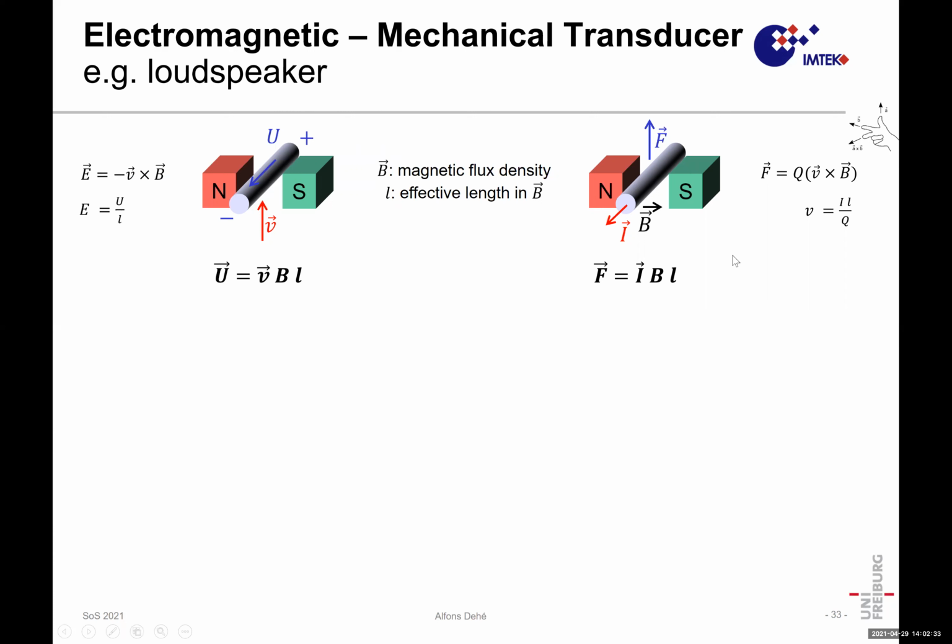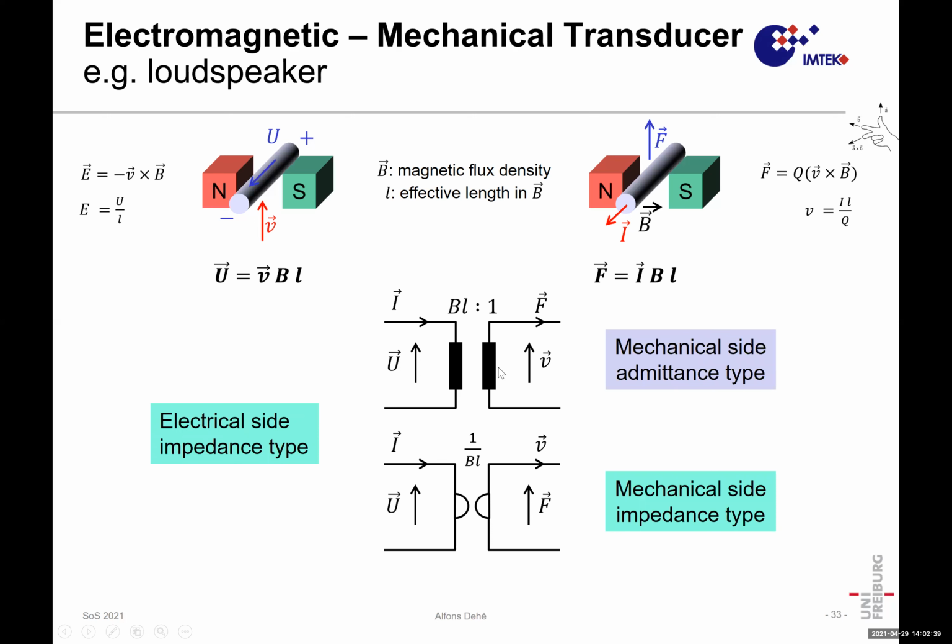And we can transform from the electrical into the mechanical side simply by the winding situation, B field times the length of the coil, or the number of windings times the length of the coil. And this is simply the relation between these two domains, because then you can have a closed description of your electromagnetic transducer.